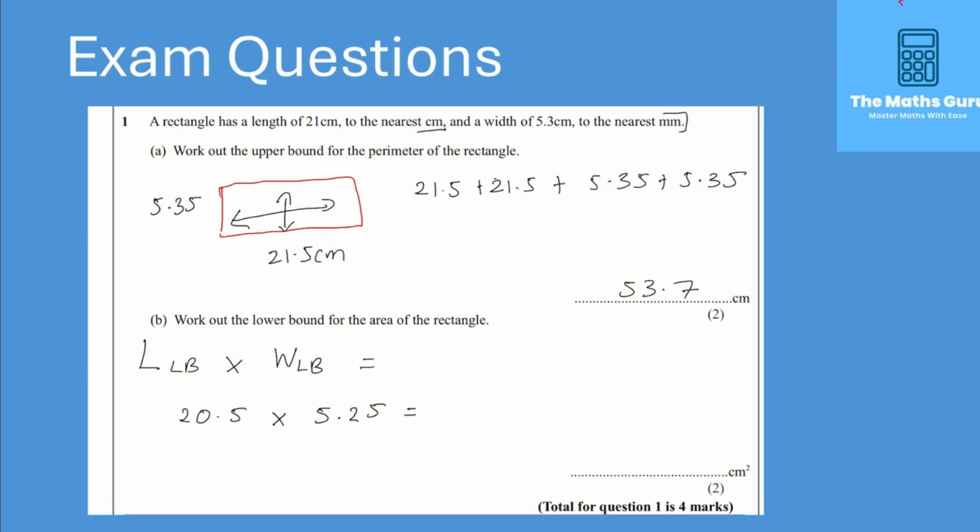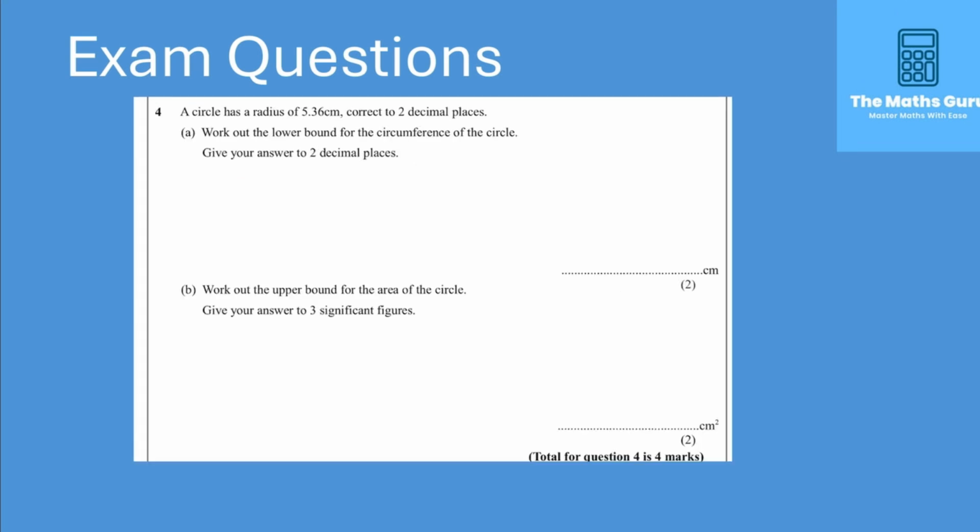So to get the lower bound for the area, remember the area of the rectangle is worked out by doing length times width. So using our lower bound corresponding values, we're going to get our answer to be 107.625 centimeters squared.